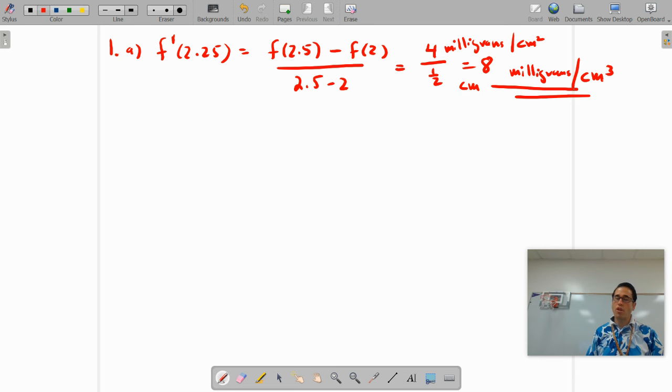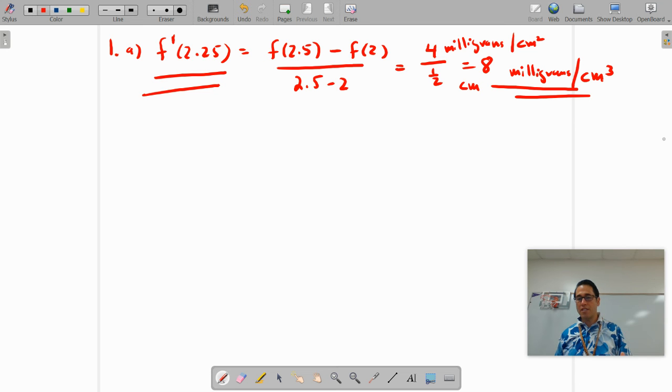Now they also said to, using those units, interpret the meaning of your answer in context. We're taking the derivative of f. What do they explain f to be? They explain that f is measured in milligrams per square centimeter, and it is the density of a bacteria population.